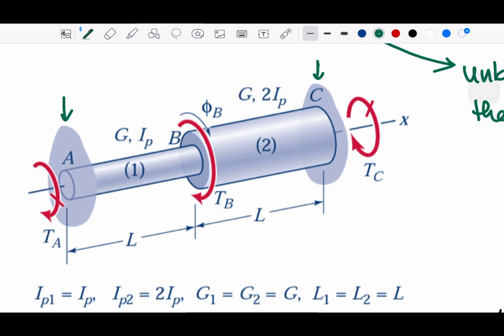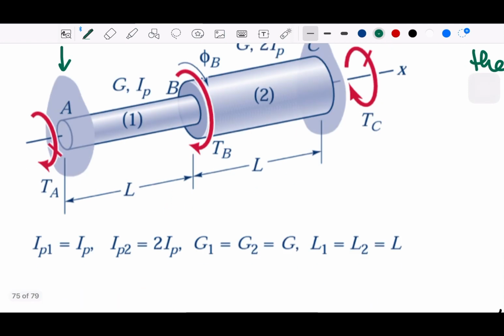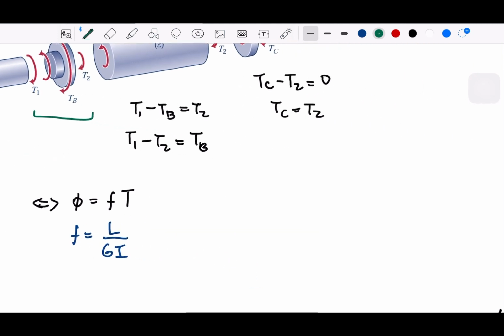Then when we rotate, there will perhaps be a small twisted angle between 1 and 2, but if we add the two deformations, it will be equal to 0 because it is fixed between A and C. So the rotations inside, we keep those rotations. If we add the angles, it will be equal to 0. That's our assumption that perhaps works best within this scenario.